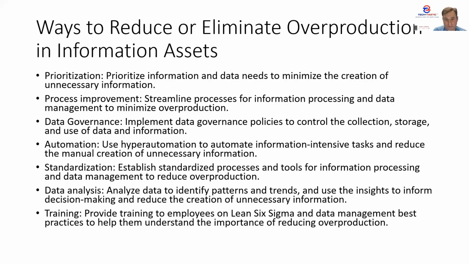Standardization. We're going to have standardized processes and tools for information processing. That goes back to our process improvement, but we should always be doing continual process improvement to reduce the overproduction.